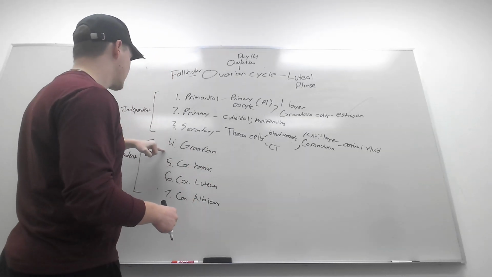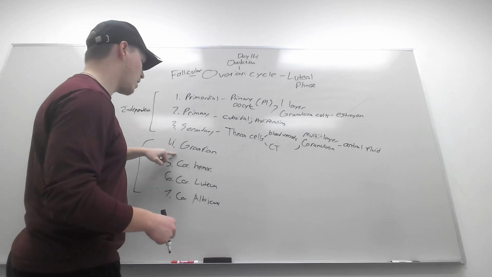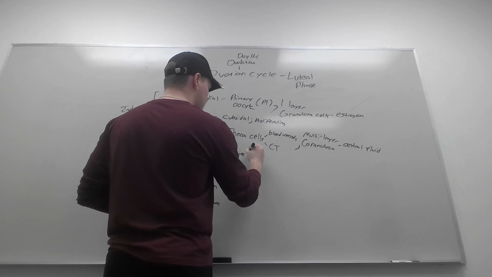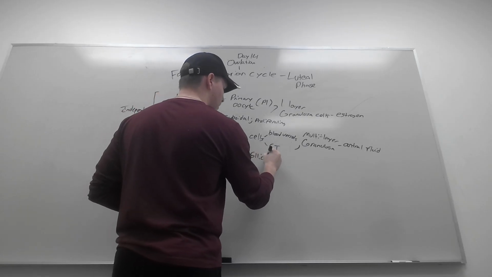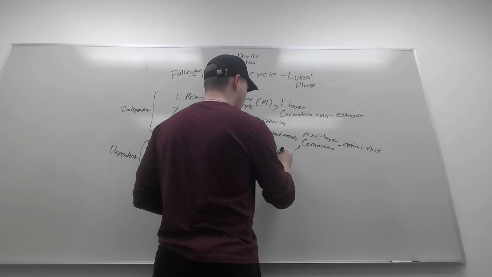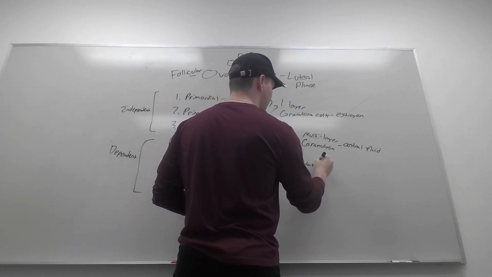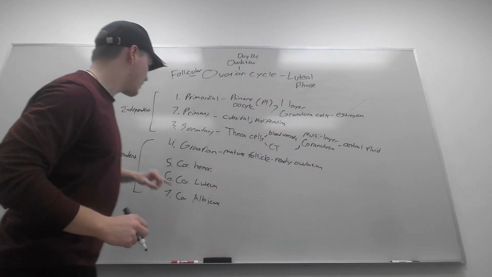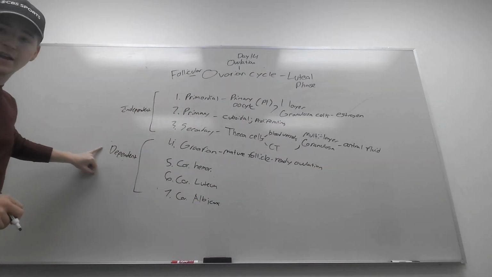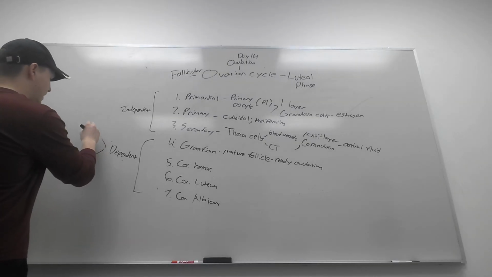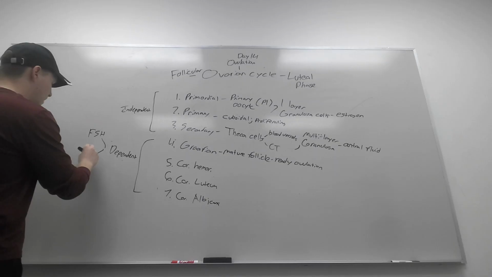Finally, we cross into the mature Graafian follicle. It's ready for ovulation, and ovulation usually happens day 14, as we see here. And remember, we crossed right here into the gonadotropin dependent phase, dependent on FSH and LH.